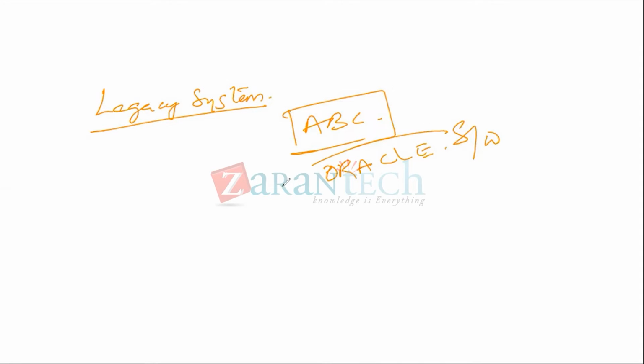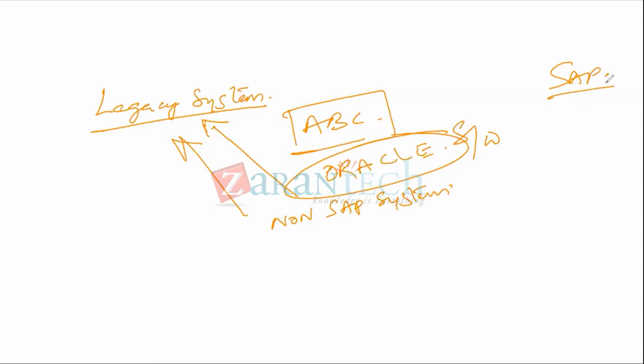Now this Oracle environment is a legacy system environment for the client. Ideally, any non-SAP system is called a legacy system, because we are implementing SAP. So SAP is the solution, and the legacy system would be the non-SAP environment.